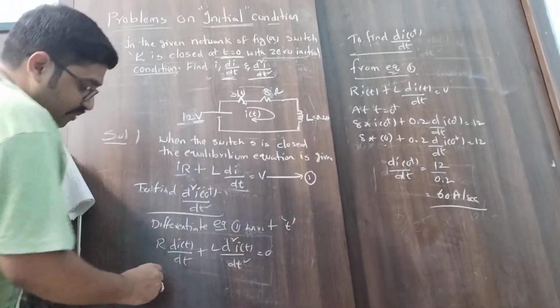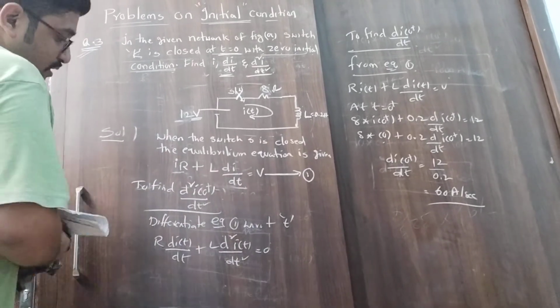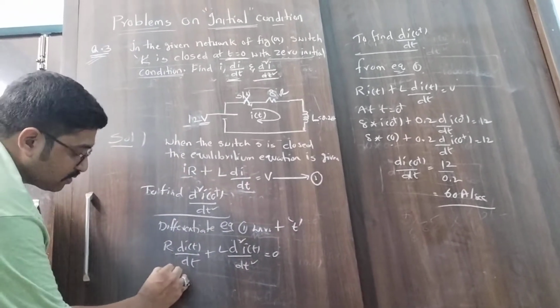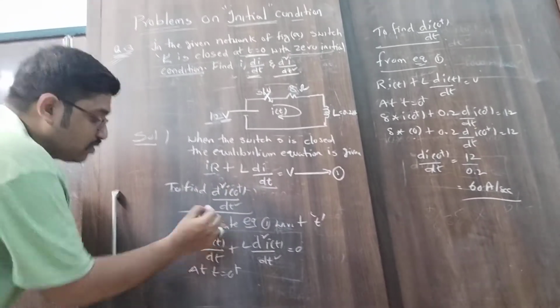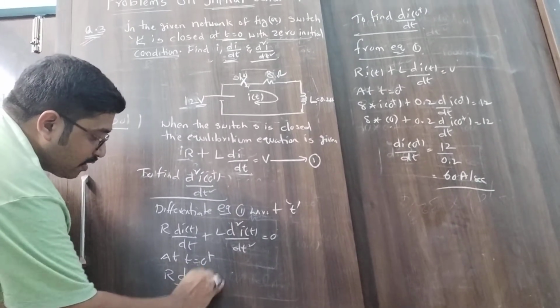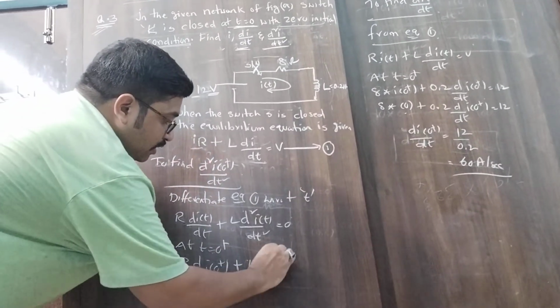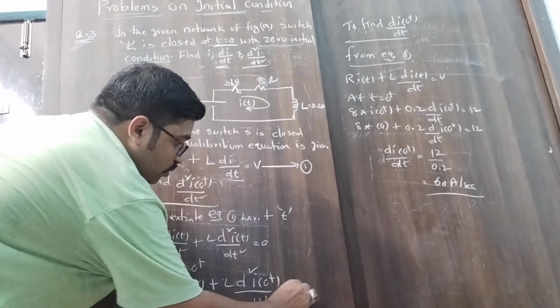Now we need to find this at t is equal to 0 plus. Wherever t is there, I substitute 0 plus. So R into d by dt of I of 0 plus, plus L into d square I of 0 plus divided by dt square is equal to 0.